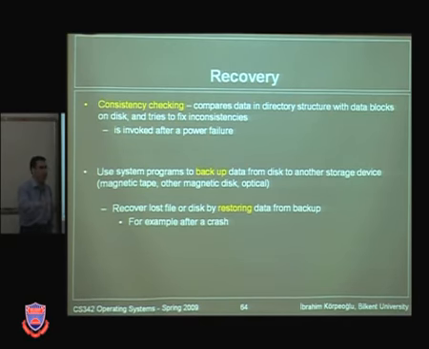If there is an inconsistency, it tries to remove it if it can. If it still cannot remove it, it can give a warning, so that you can be aware that there is an inconsistency in your file system. So this is consistency checking.